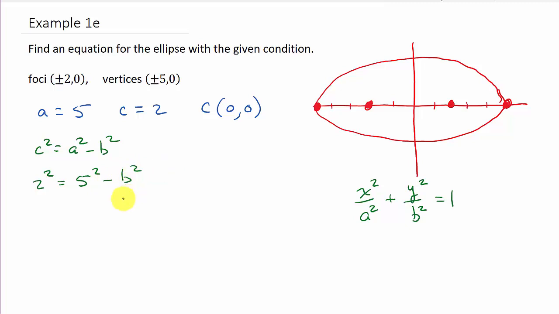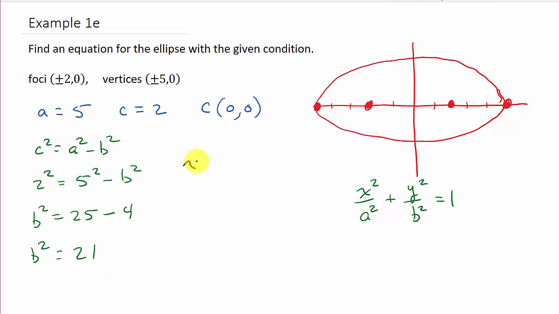If we solve, we bring the b squared over here and the 2 squared over there, that's going to be 25 minus 4, so b squared is 21. So now we know a.